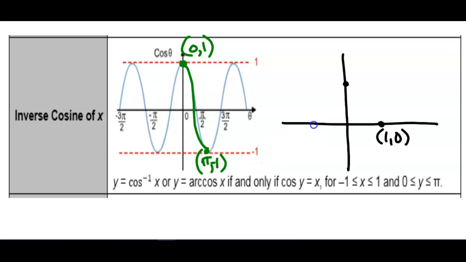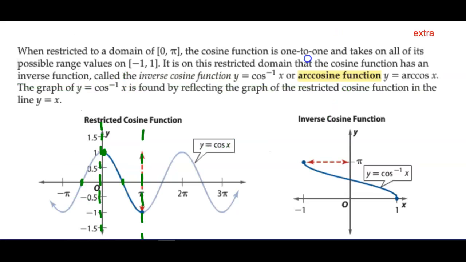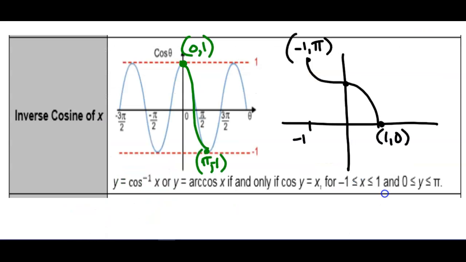The inverse means we're flipping those, so we'd have -1, and it would be up at pi. And then if we flipped that across, it's actually going this way. So I think I have that drawn right. Let's see, because I always have trouble with these. Okay, there it is. -1, pi, pi. Okay, it's not very good.